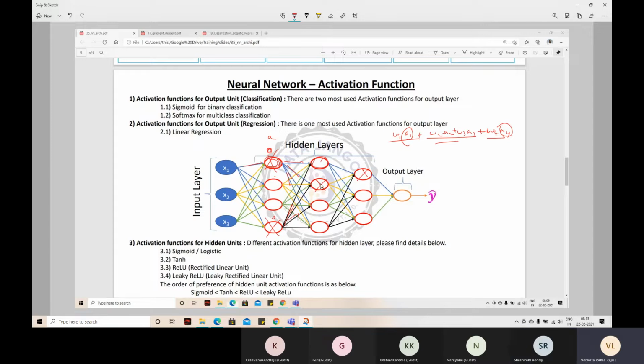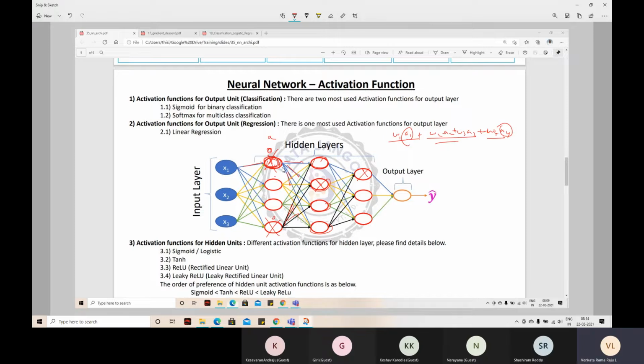In this network, or in this node, any node, either the weight becomes 0 or the activation function's outcome becomes 0. That term is not considered. If the weight becomes 0, only the term will go. But if the activation function's outcome becomes 0, that node will not be considered.